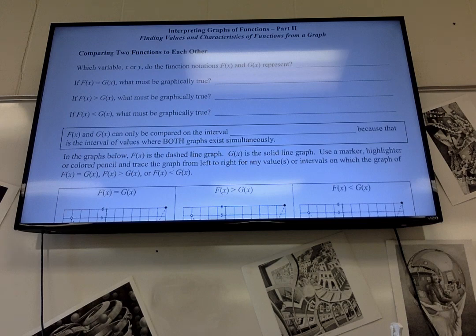Okay, so which variable, x or y, do the notations f of x and g of x represent? So f of x and g of x are both what? Y's. Very good. If f of x equals g of x, what has to happen on the graphs?